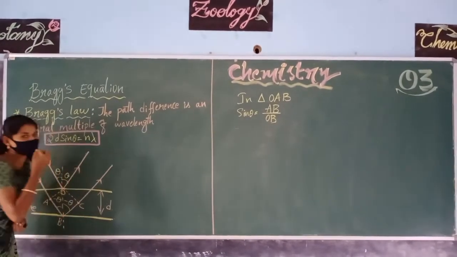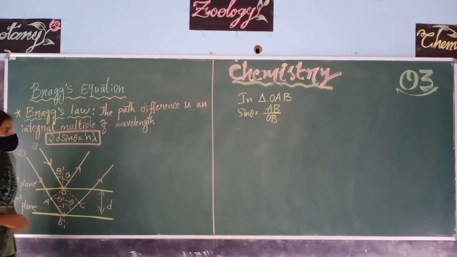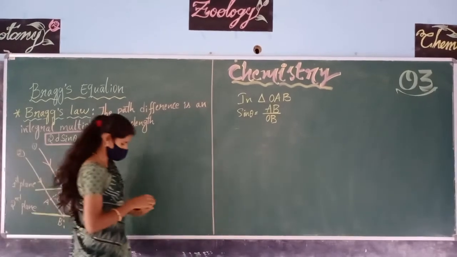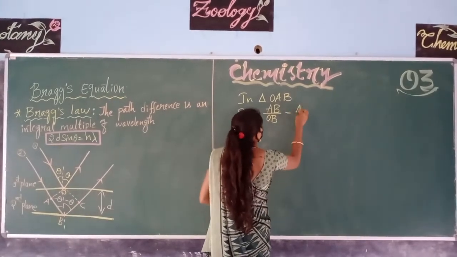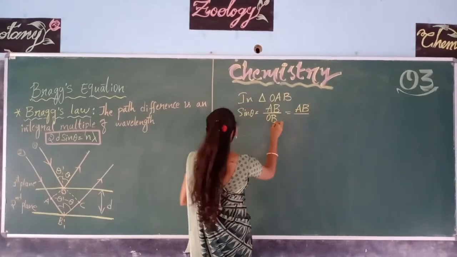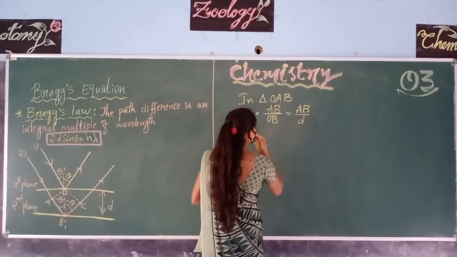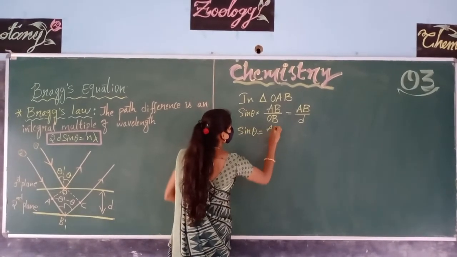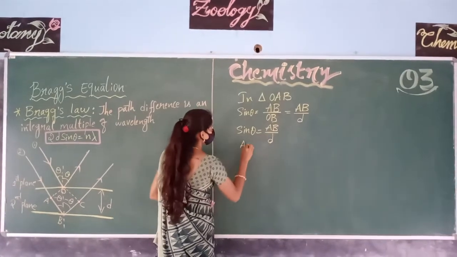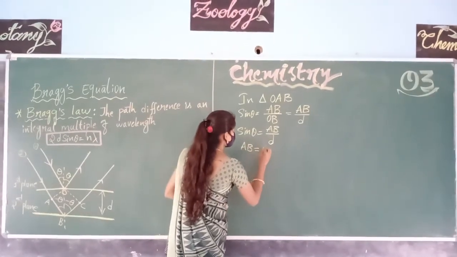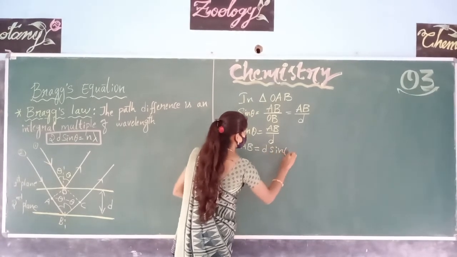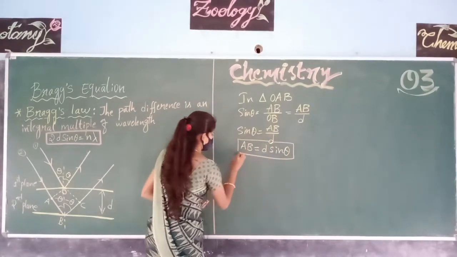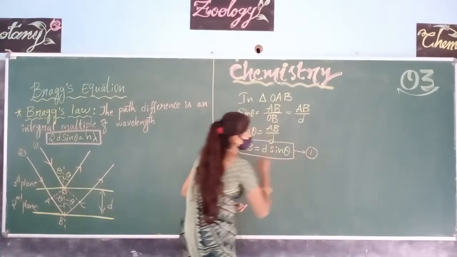So in place of OB I can substitute small d. So sin theta is equal to AB by d. So AB is equal to d sin theta. This is the one equation I got now. Considering this as equation number 1.